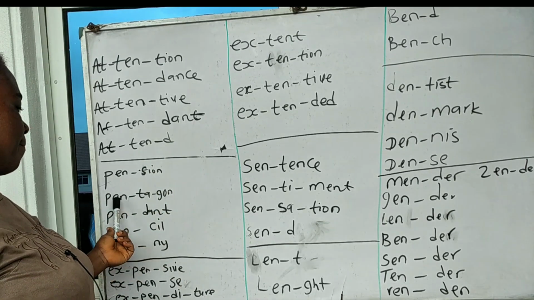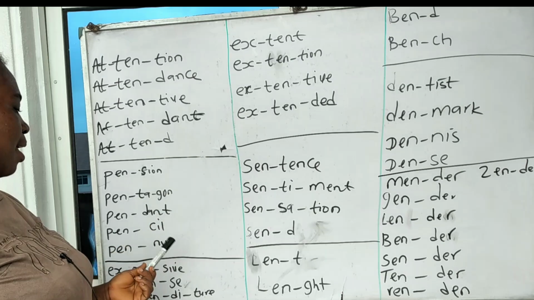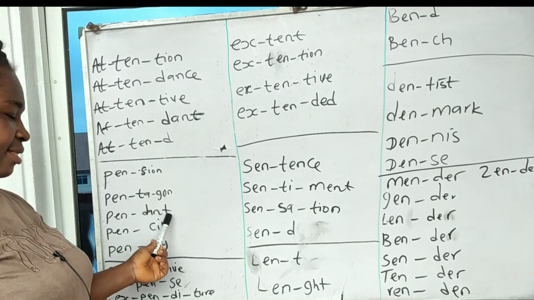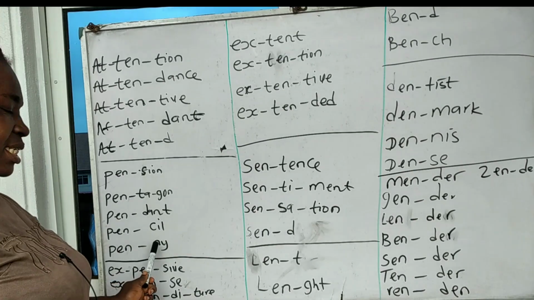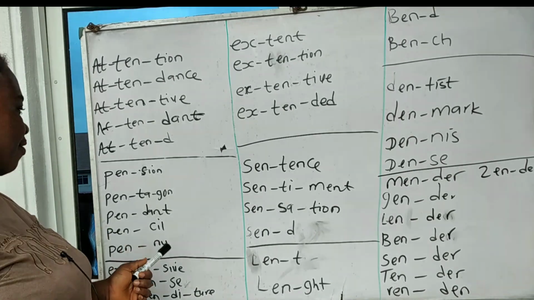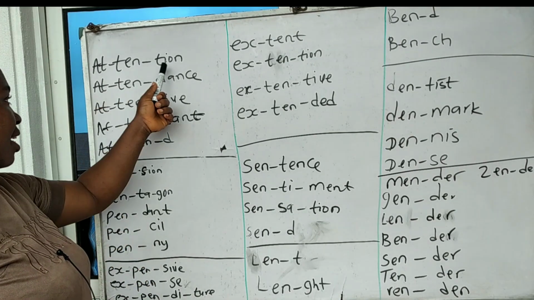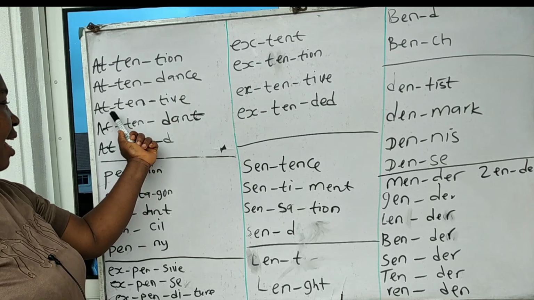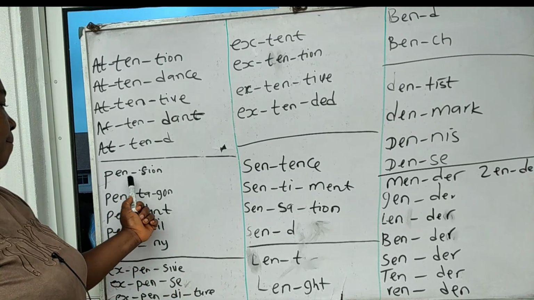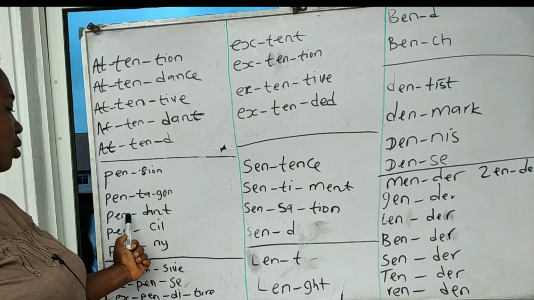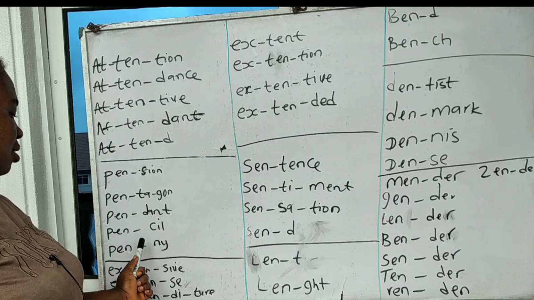Pension, pentagon, pendant, pencil, penny. Together we have attention, attendance, attentive, attendant, attend. Pension, pentagon, pendant, pencil, penny.